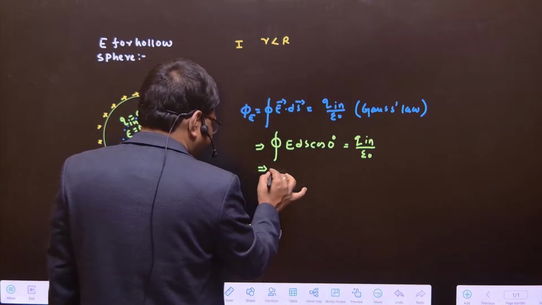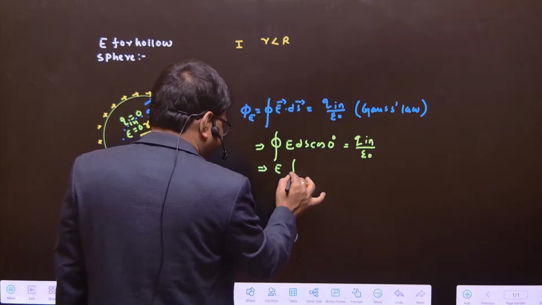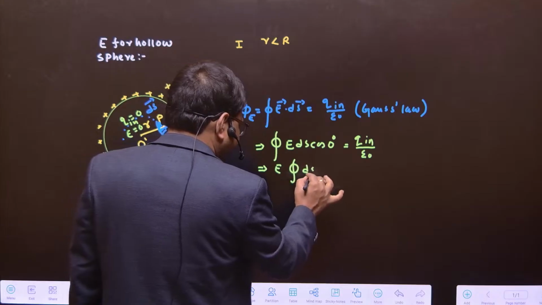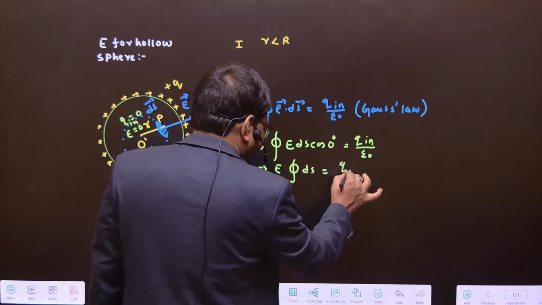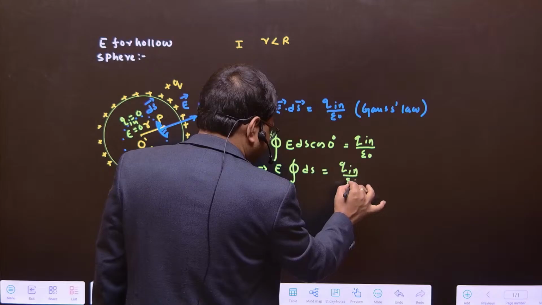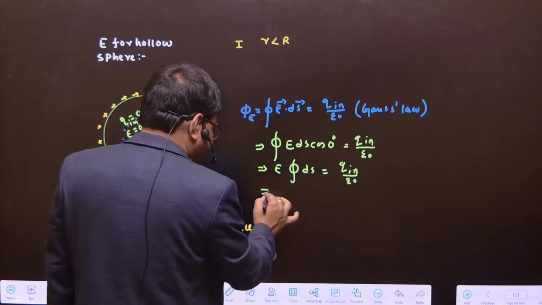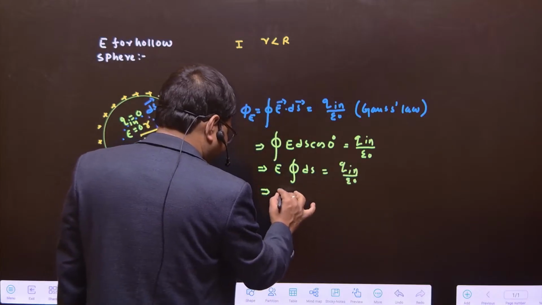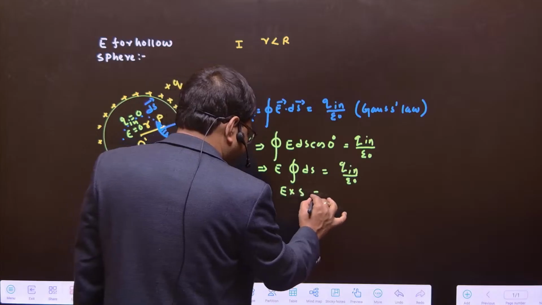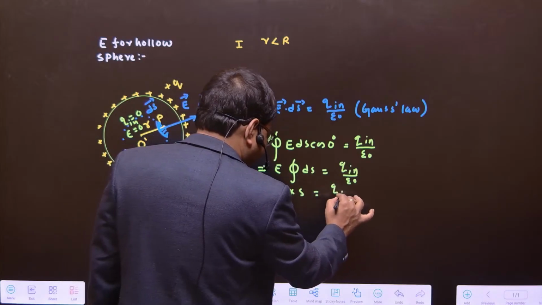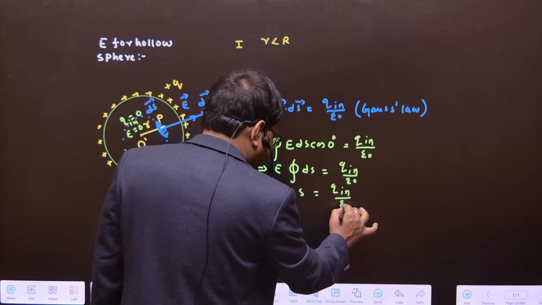Cos 0 is 1, so E into the surface integral of dS is equal to q in, according to Gauss law. Now, the integral over S of E dS equals q in divided by epsilon naught.